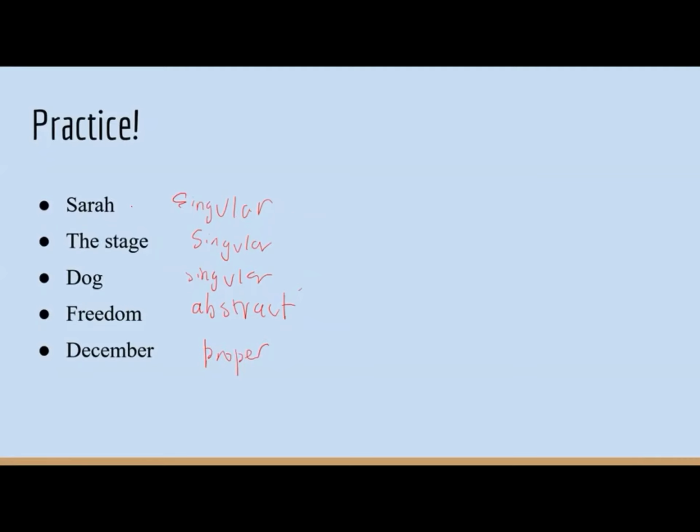Okay, so this can only be singular. The stage can be transformed into stages. Dog can be transformed into dogs. Freedom, can't really do that. We'll discuss it later. December, you can't because it's a proper noun.